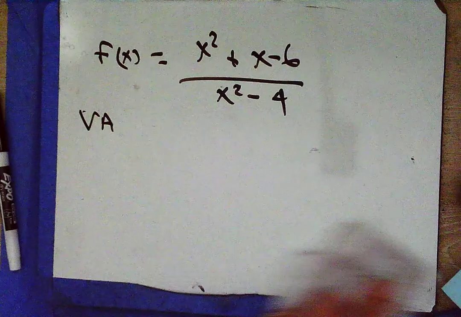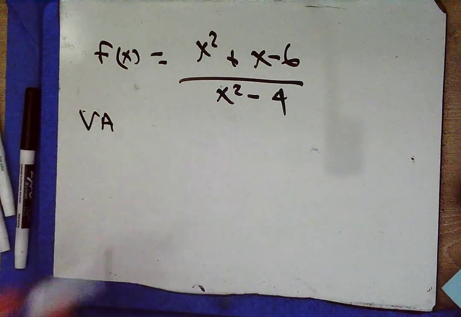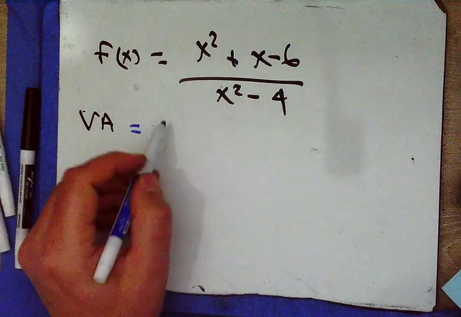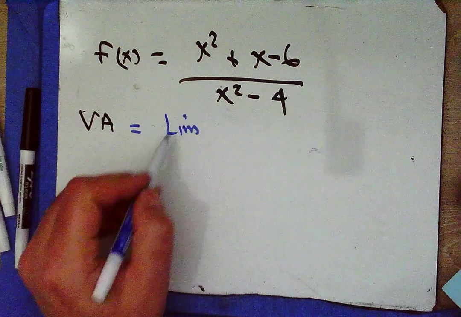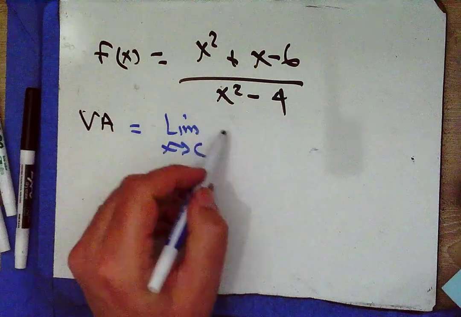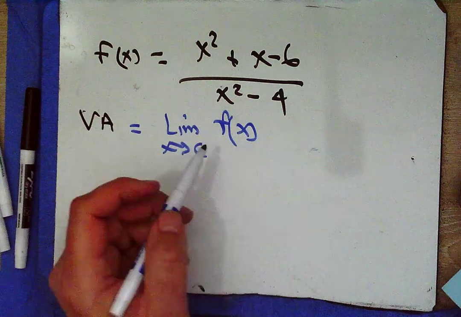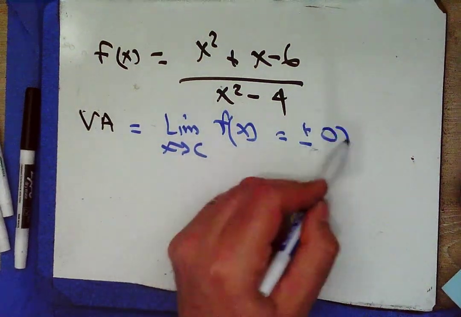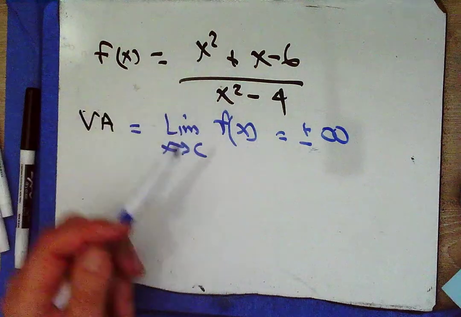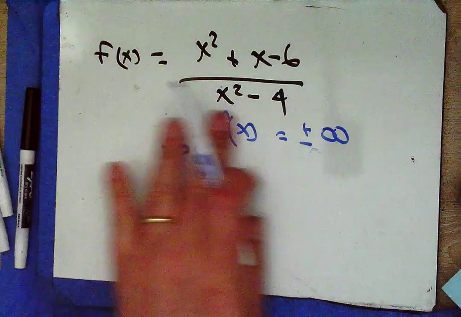Okay, now what about vertical asymptotes here? We remember from the beginning of this video that a vertical asymptote is where the limit as x approaches some number of f of x equals plus or minus infinity. So do we have any places like that here?